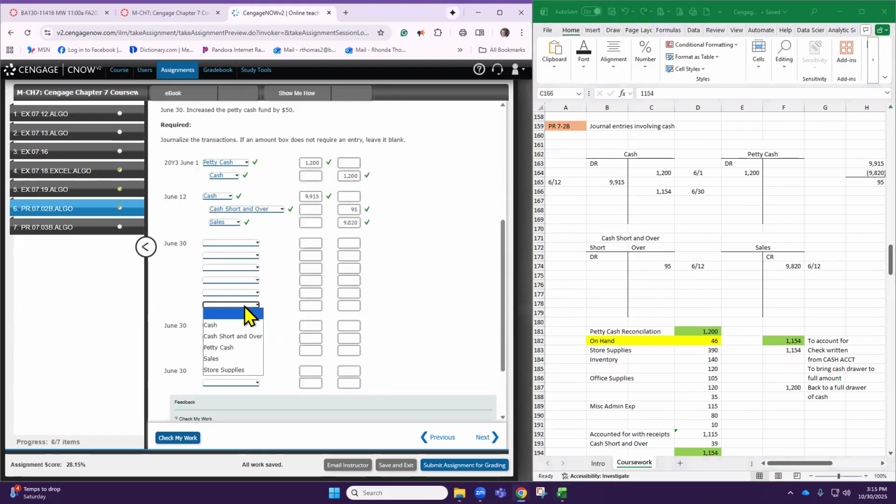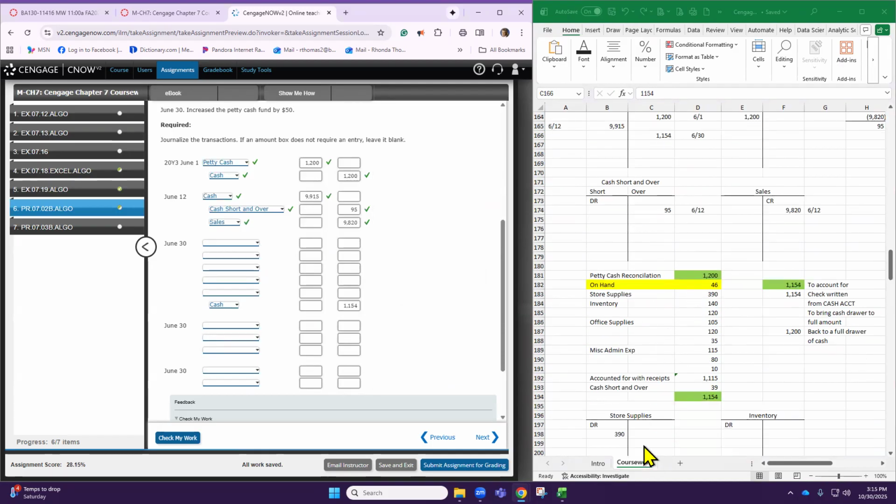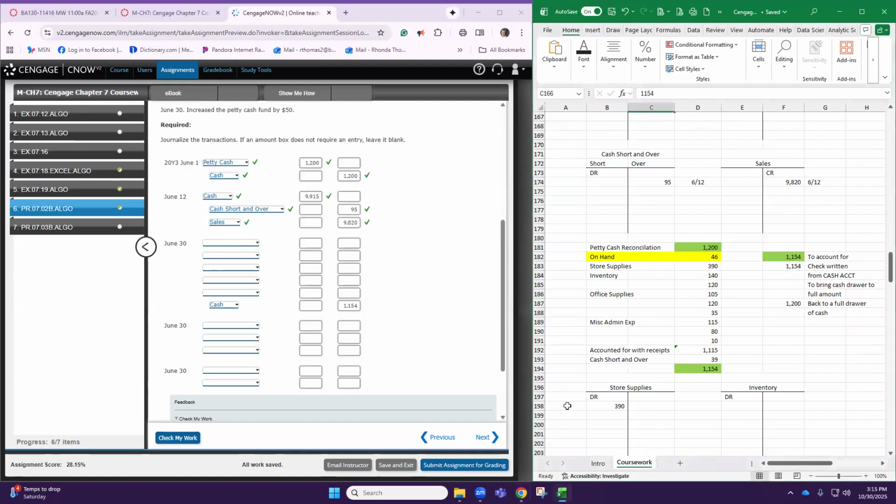So let's go down here and put cash, and we'll put $1,154. Okay, so once again, we have store supplies of $390. And this is going to be on 6/30. Then we have inventory, which gets an amount for two of those.